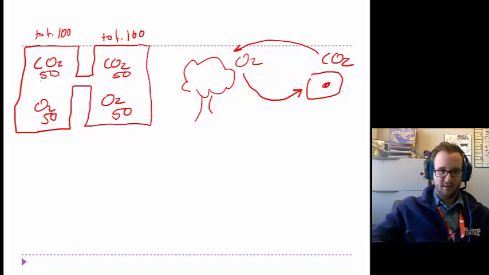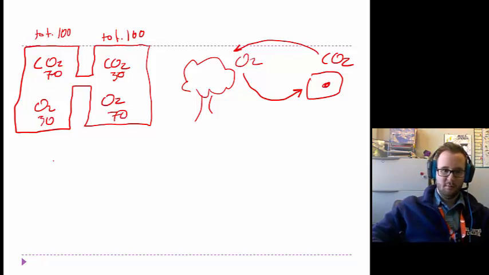And so what these individual gradients within the world, for example, like whenever we had it at 70 and 30, are called are partial pressure gradients.